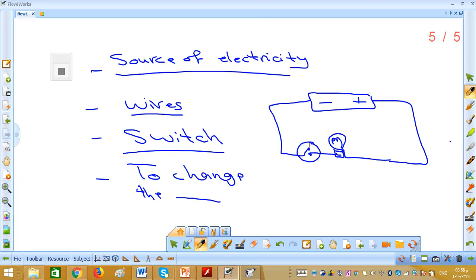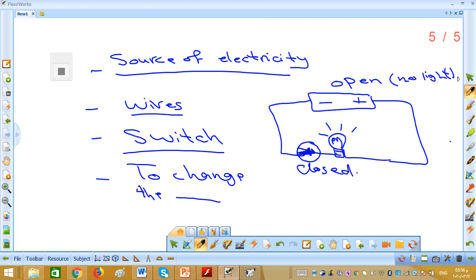So this circuit, we call it open circuit. If we close the switch, here electric charges can flow, and then we'll call it closed circuit. So with closed circuit, light will work. Open circuit means no light.